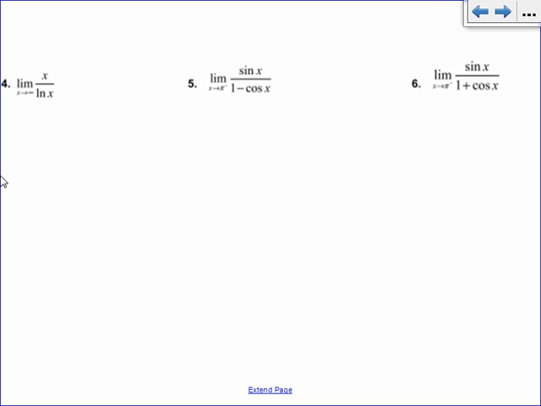I have the limit as x goes to infinity of x over natural log of x. This is in the form infinity over infinity. If you can think about which one goes faster, sometimes it helps. Is the numerator going faster to infinity or is the denominator? Remember we did natural log of 10 billion on our calculator.